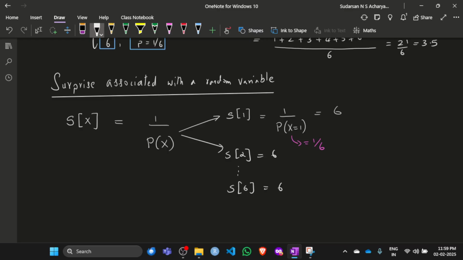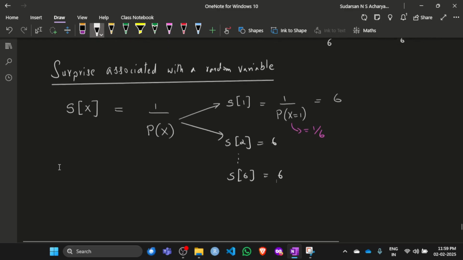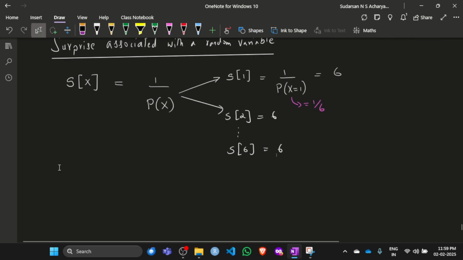But then, this way of defining what the surprise is not very meaningful because let's say that just like the example I told you, there is a coin. Let's say that it can show up heads with probability 1 and it shows up tails with probability 0. This coin is heavily biased, right?